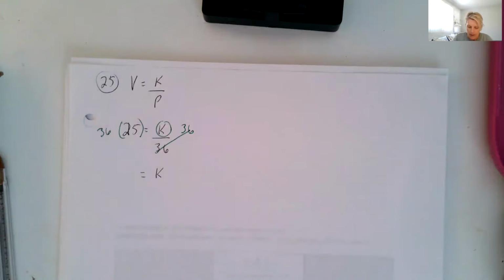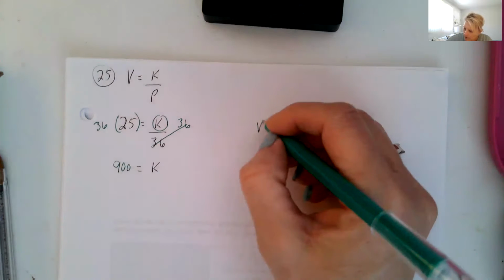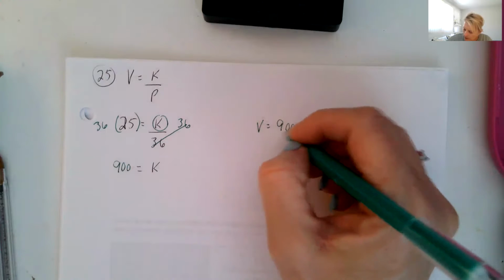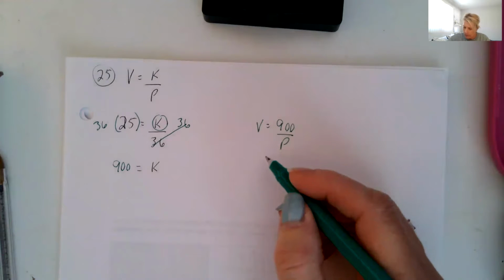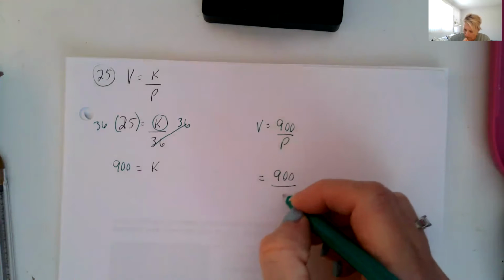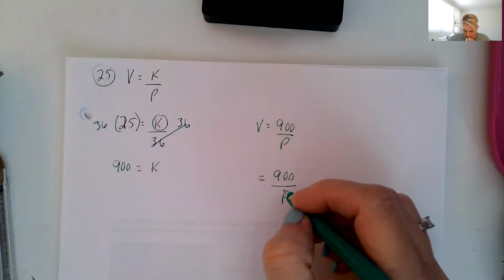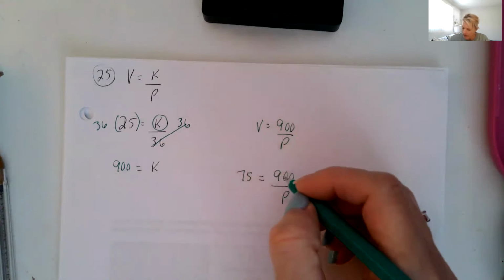So K is 900. So our equation is really this. And it says what pressure is needed to produce a volume of 75 cubic feet. So we're trying to solve for the pressure.